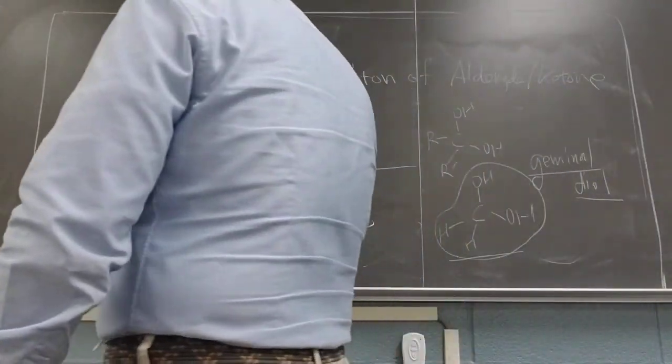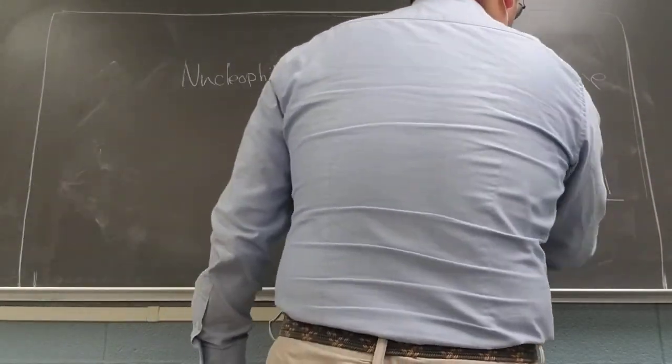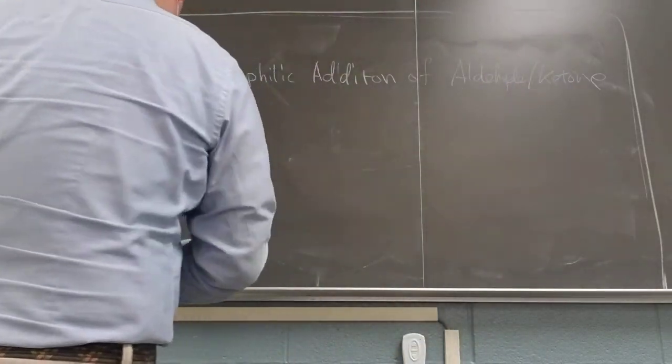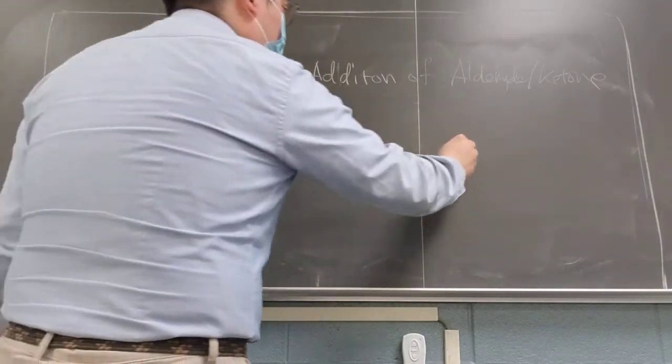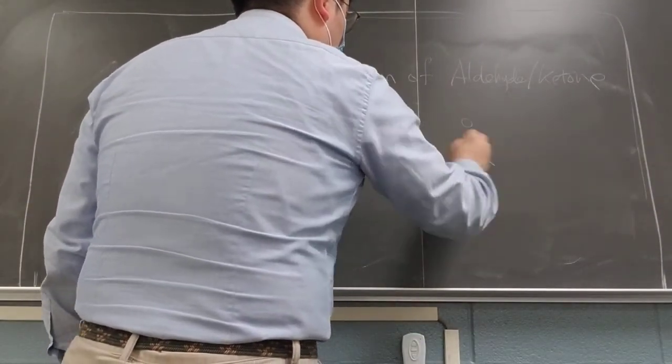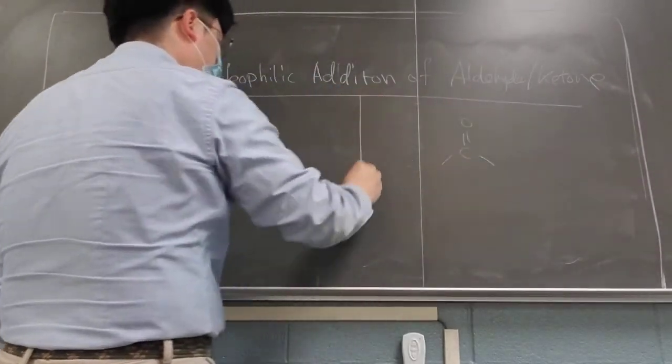All right, so let's talk about the hydration here. Whenever you have carbonyl groups, either aldehyde or ketone, they're going to be shifted in one direction, but we do have hydration at a certain point.